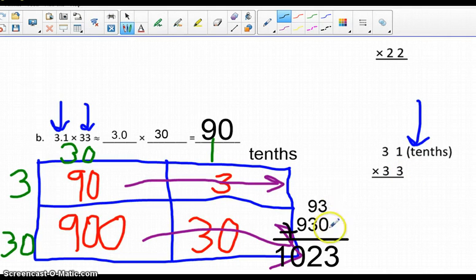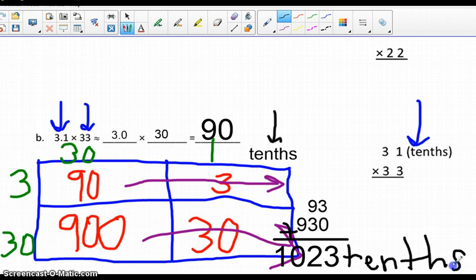Now remember, we are in tenths, so this tenths means that this would be the answer in tenths. Oh, this is so hard to draw with, but you can kind of read it. Tenths. Okay, so if we get rid of the decimal, like we did here, then we've got to put it back in the end. We moved it over 1.